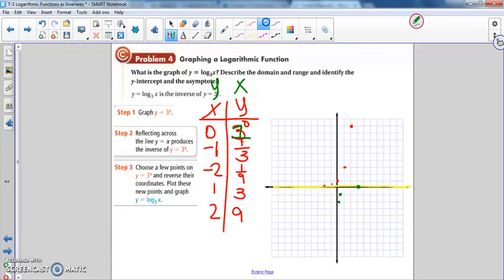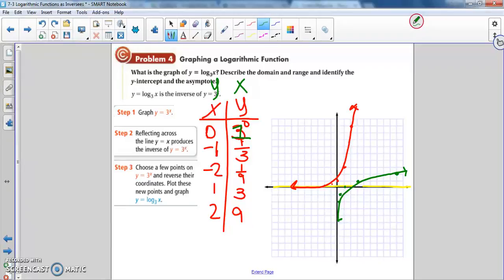I'm sorry, this is (1, 0), because when I plug in 0 into my original equation, I get 1, and I get (3, 1), and I get (9, 2). So those are my inverses.